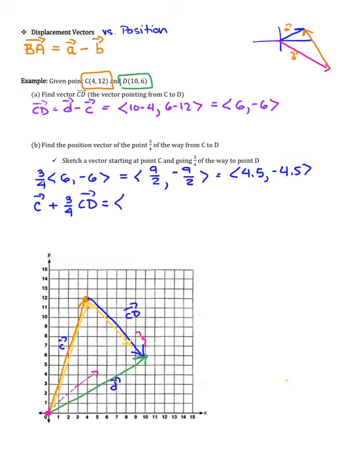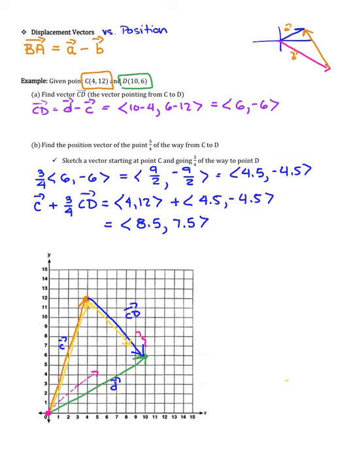So what that gives me, C was 4, 12, and we are adding to that 4.5, negative 4.5. So that's going to leave me at 8.5 and 7.5. 12 minus 4.5 is 7.5.